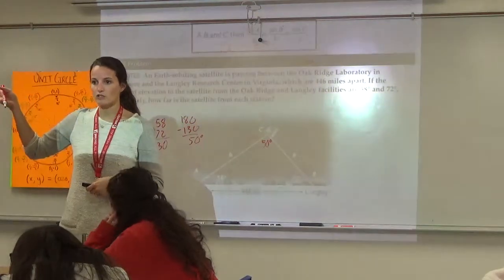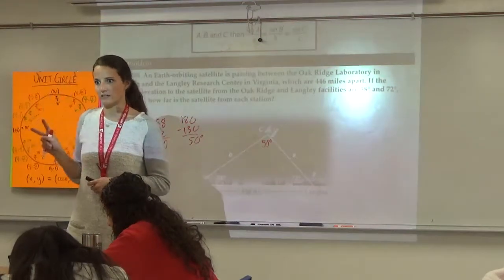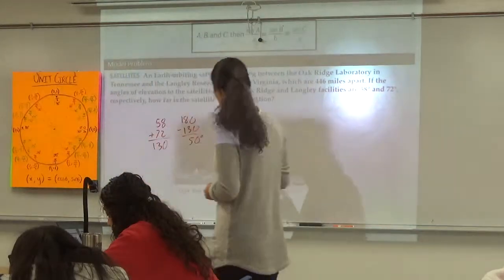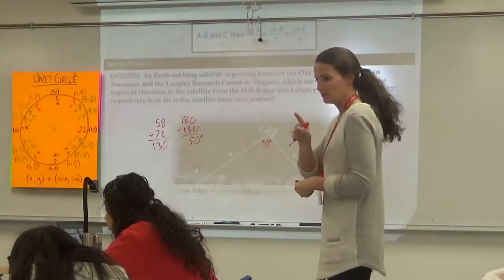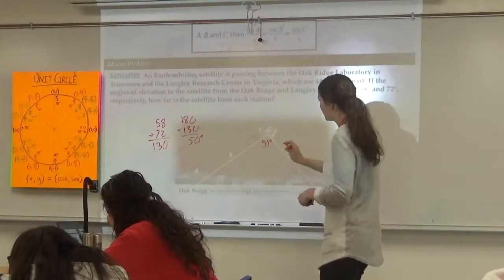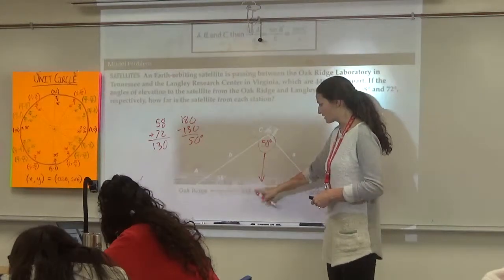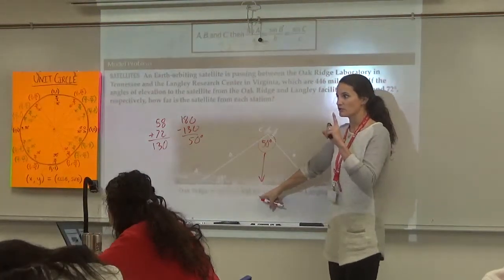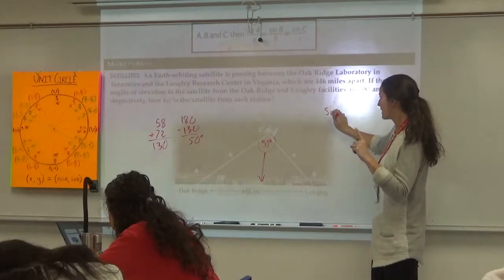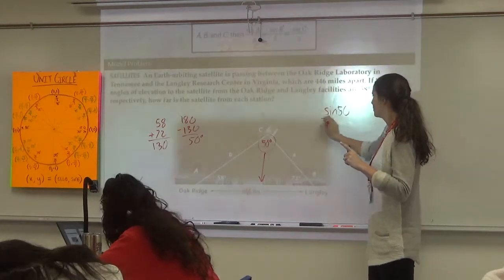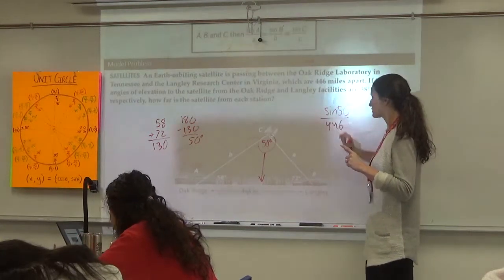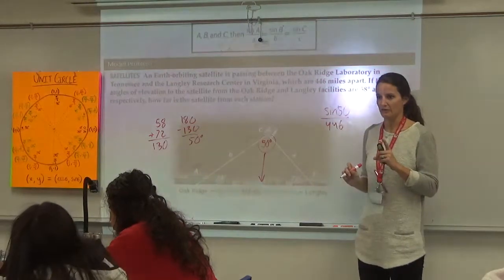So which one do we know the angle and the side for? A, B, or C? C, good. For C, we know the angle and we know the side across from it, right? So we need to use that to start off with. So we've got sine of 50 over 446. We have both pieces for that one, right?